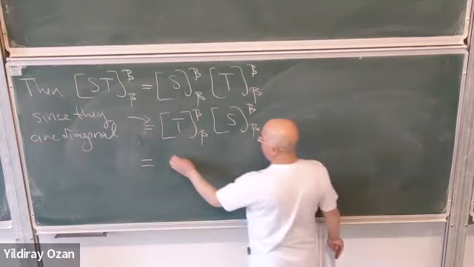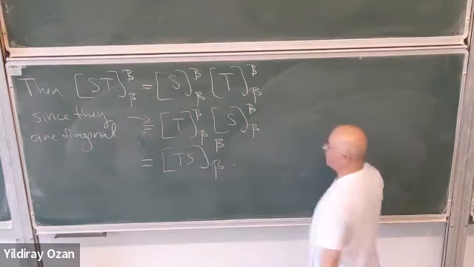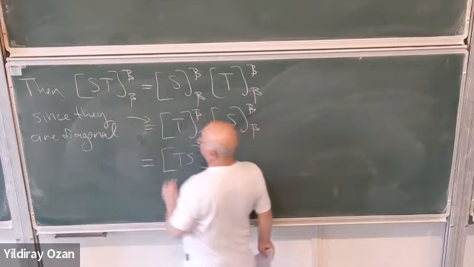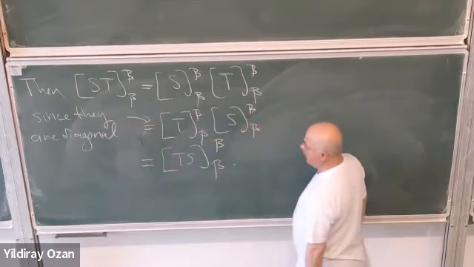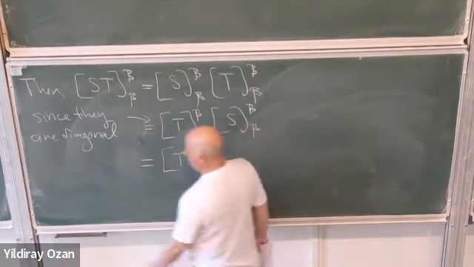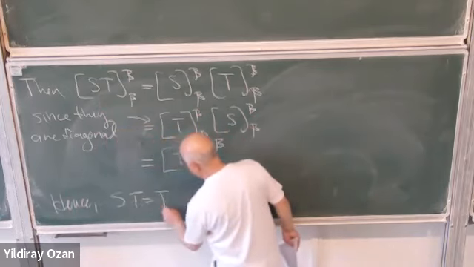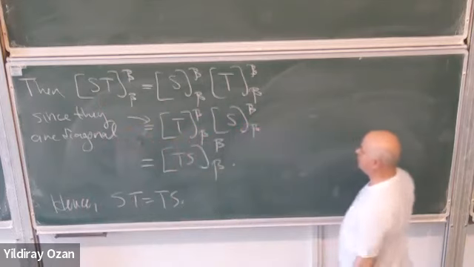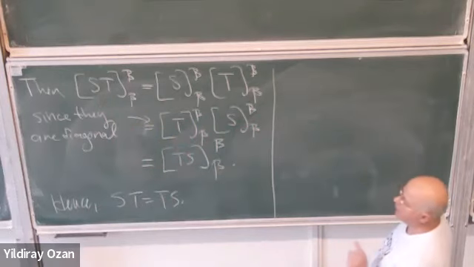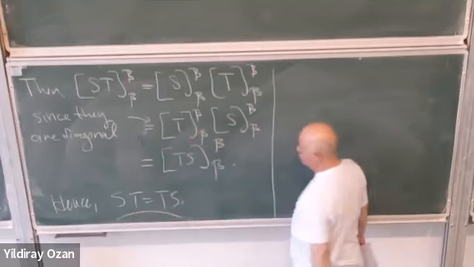But this is the same thing as the matrix representation of T times S. So what we see is that the matrix representation of S times T and T times S in the same basis are the same. Hence, S times T is the same as T times S. So this proves one direction. If they are simultaneously diagonalizable, then these two operators commute.